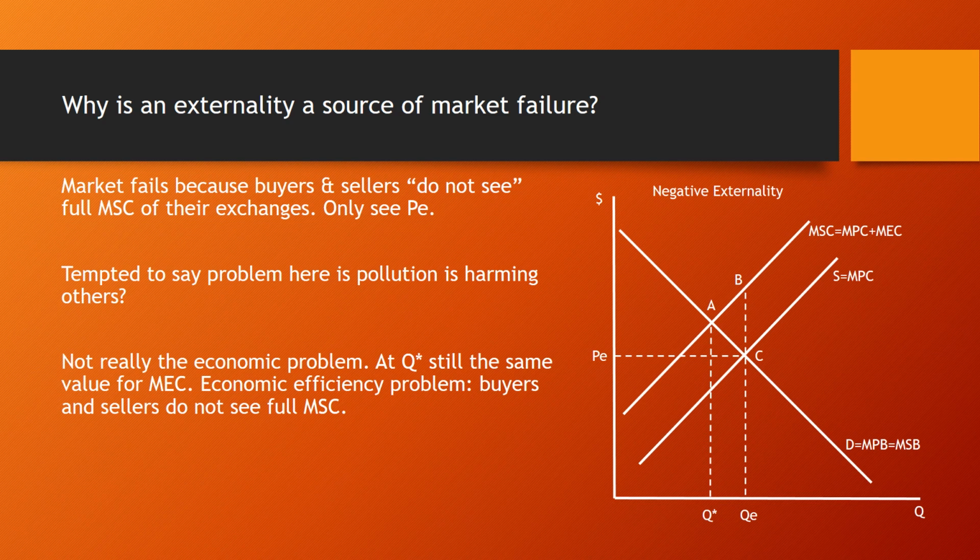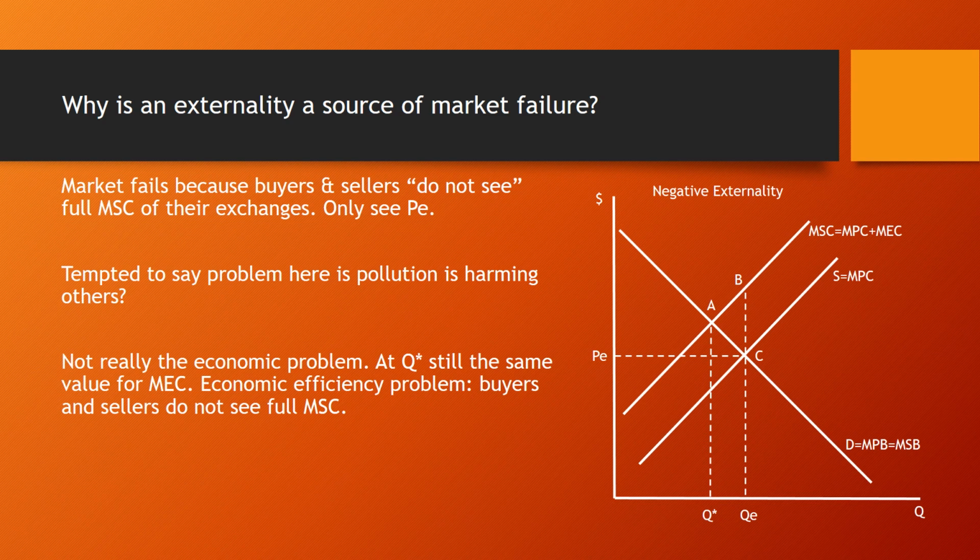So the economic efficiency problem is not that there is a marginal external cost associated with the market allocation of this good. The economic efficiency problem is simply that the market allocation is not Q star, it's QE.